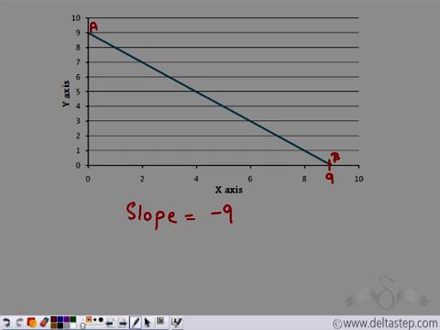A fall of 9 points indicates a rise of minus 9 points. And what is the run in moving from A to B? When we move from A to B, the horizontal distance covered is again from 0 to 9. So it is 9. So the slope of this graph is minus 1. So this is a graph with a negative slope.